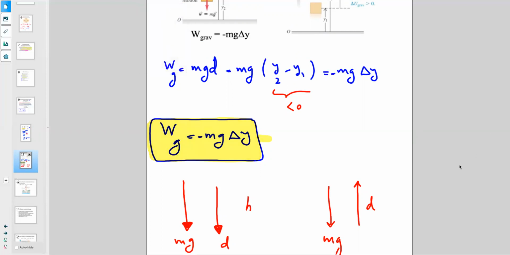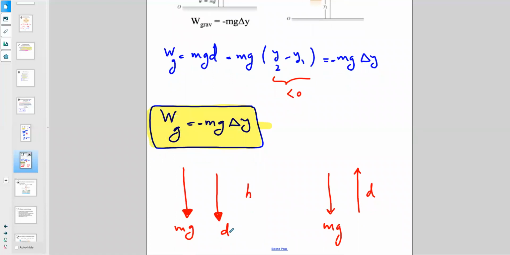So here, if you are going down, the delta y is negative. So you're multiplying a negative number with a negative number, and you're getting a positive outcome. But if you're going up, the delta y is positive here, and a positive multiplying by a negative will give you a negative.